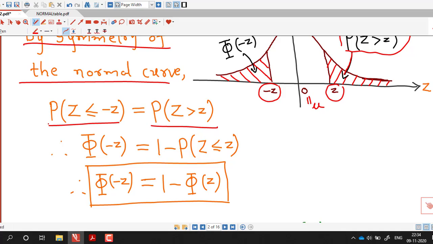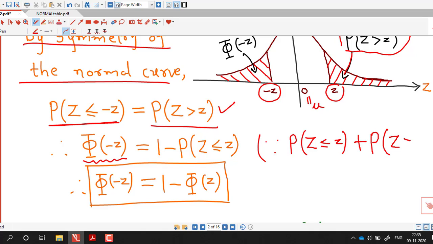Now by the definition, this is nothing but the value of CDF at minus z, and this we can write as 1 minus probability that capital Z is less than or equal to z, because we know that probability that Z is less than or equal to small z plus probability that Z is greater than z must be equal to 1, since Z less than or equal to z and Z greater than z are mutually exclusive and exhaustive events.